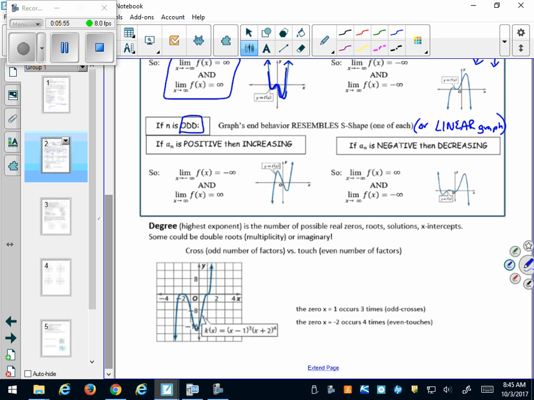Because the line, y equals mx plus b, is a degree of 1, so that's odd. It's an odd degree polynomial. So the end behavior of all odd degree polynomials is going to match that. This S shape is referring to this kind of thing.